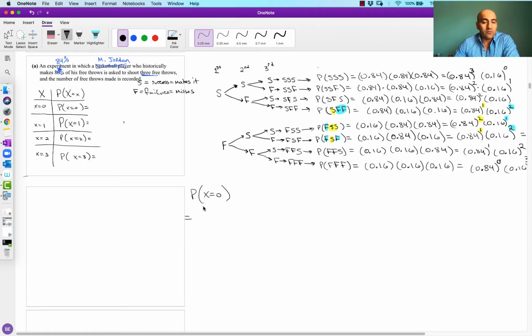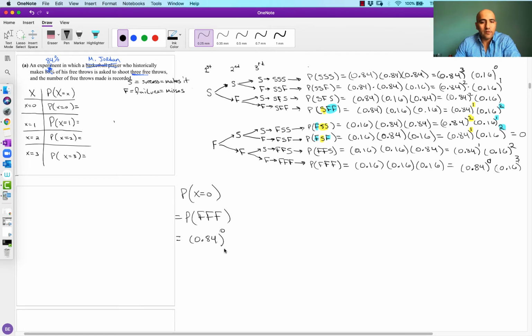That means he fails 3 times. This is equal to the probability that he has fail, fail, fail. There's only one way to do that. And as we can see from our table, that's just going to be equal to the probability of having 0.84 to the power of 0 times 0.16 to the power of 3.